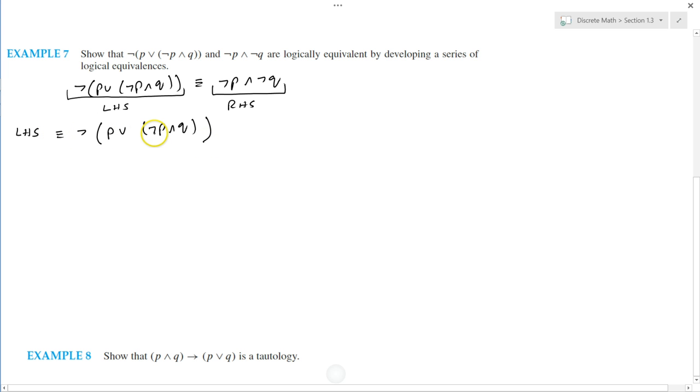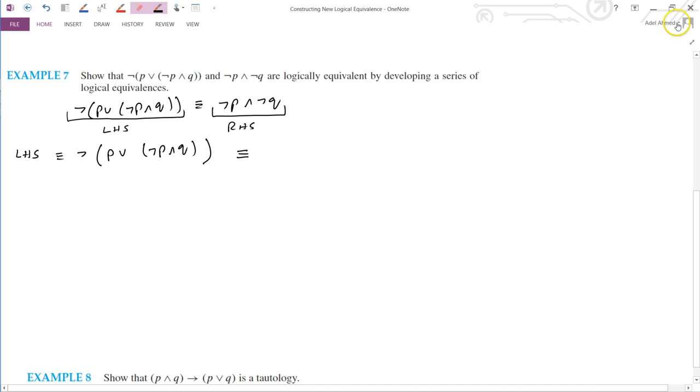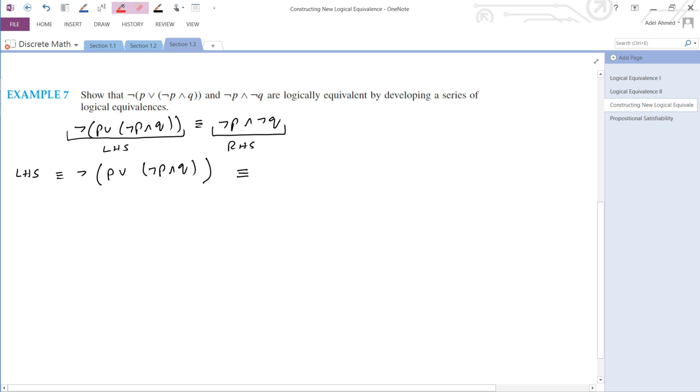Okay, now this can be logically equivalent to what? Now notice, this part can be considered as a term, and this part can also be considered as the second term. Now in this case, I can apply the De Morgan's law, which is the negation of the first term and the second term. Don't look at this complex expression. Just think of it as a single term.